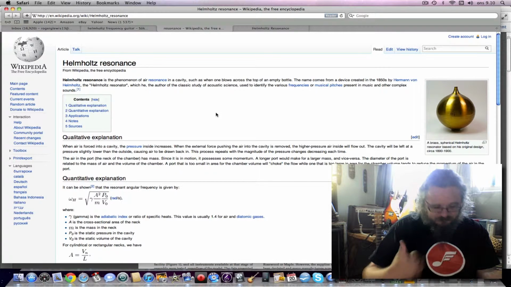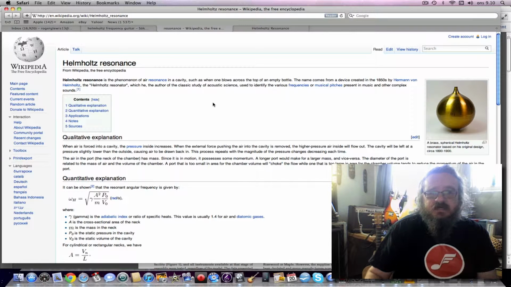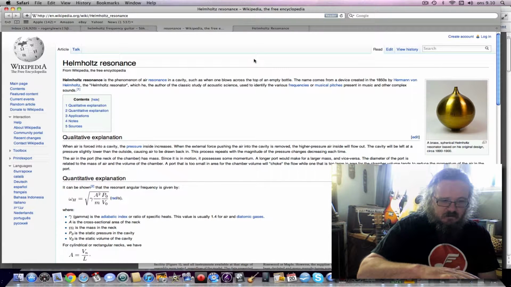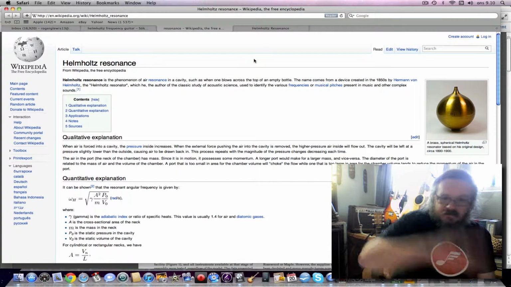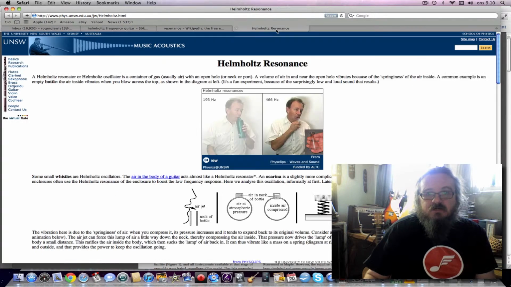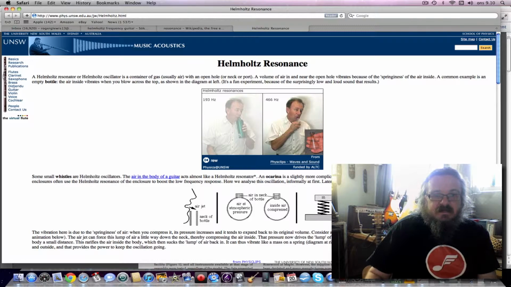Obviously the cavity in a hollow body acoustic guitar is such a cavity, and the hole is an opening in that body, and the air moves up and down. So there is a Helmholtz resonance in guitars, and it's explained here that it's not exactly analogous.